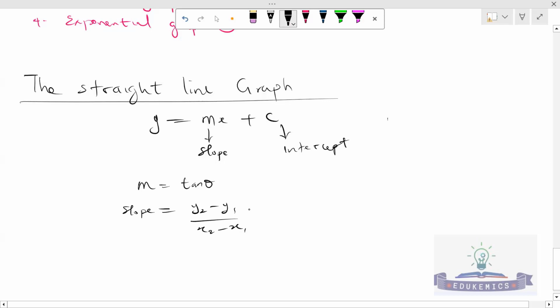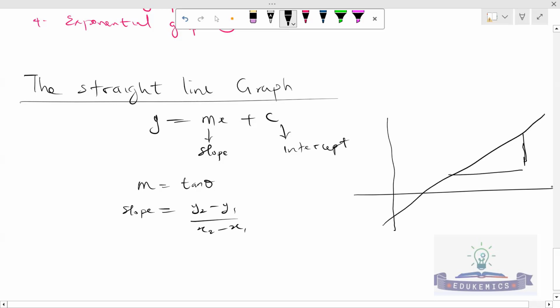I will draw a graph like this. This is just a rough sketch. If I get a triangle like this, and I trace this down and trace this down, this is how you get your points. This is your y2, this is your y1.